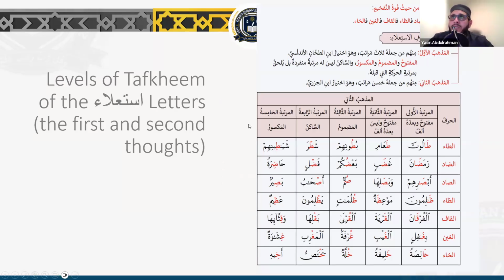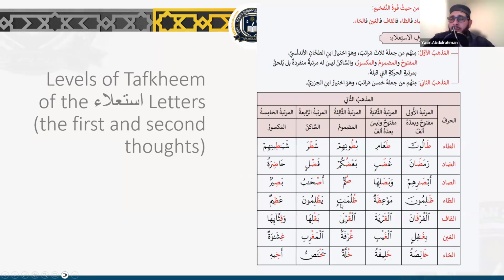His choice was that the highest level of elevation is when the letter has fatha on it, the second highest level is when the letter has dhamma on it, and the third highest level is when the letter has kasra on it. And the one which has sukoon, it doesn't have anything but it follows the letter which came before it.